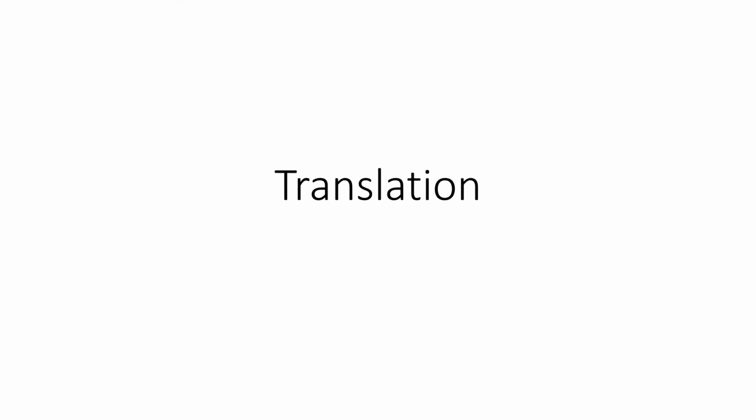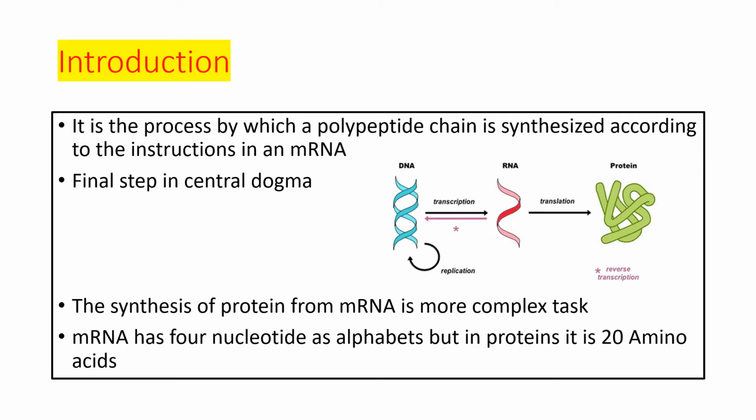Today we are going to study some key concepts in translation. Okay, so let's discuss it. As an introduction, translation is the process by which the polypeptide chain is synthesized according to the instructions in an mRNA.